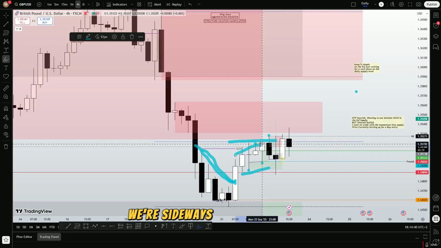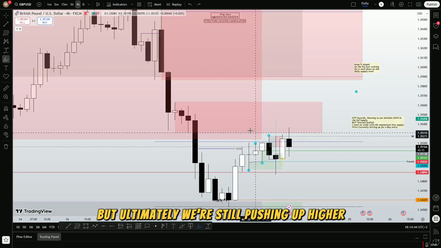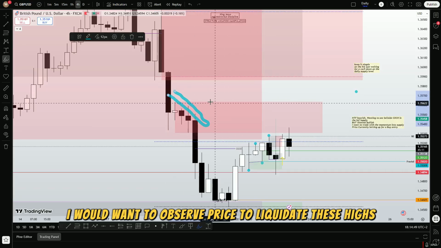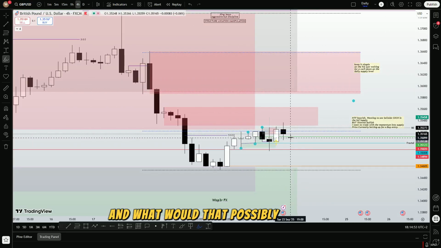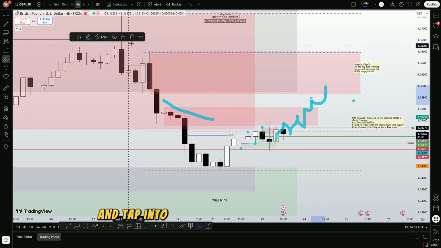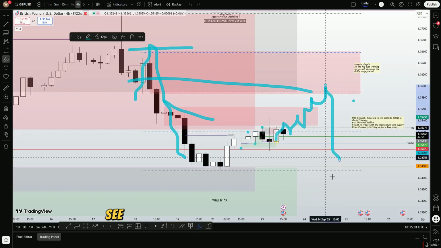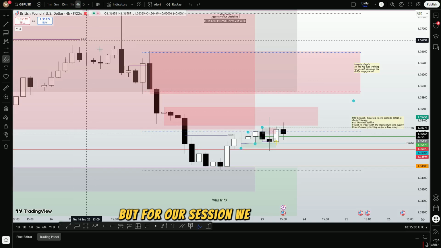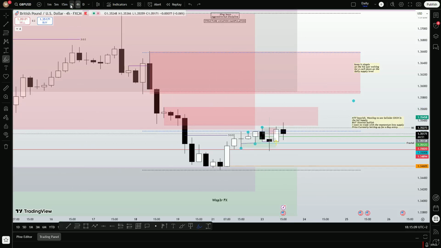We're sideways really a little bit, but ultimately we still push it up higher, meaning I would want to observe price to liquidate these highs before we see sell side continuation. And what would that possibly look like? Possibly a bullish trend, liquidation of these highs, and tap into this level of buy to sell supply to see that intention towards the downside. But for our session, we were bullish with the narrative of wanting liquidity.